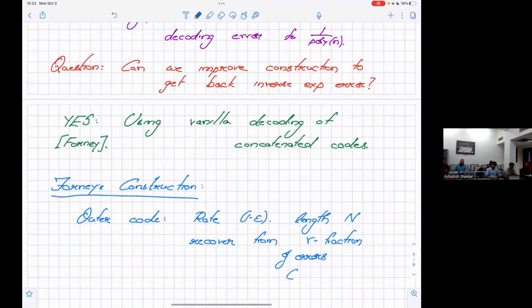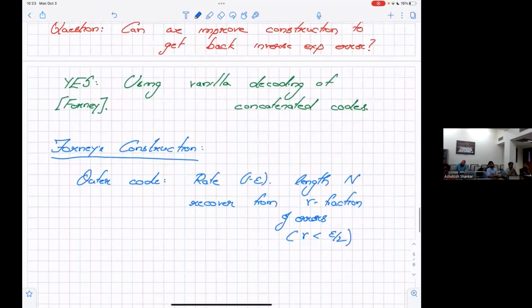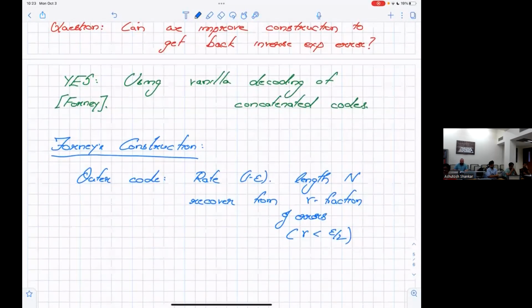And all that I want is that gamma is some number smaller than epsilon by 2, then this is achievable. We will work with some significantly smaller gamma than epsilon by 2. If you use epsilon by 2, there is of course the Reed-Solomon code that will achieve this, but we will use any of these. Is this fine? So we will take an outer code like this, potentially over a large alphabet. So that's the outer code.